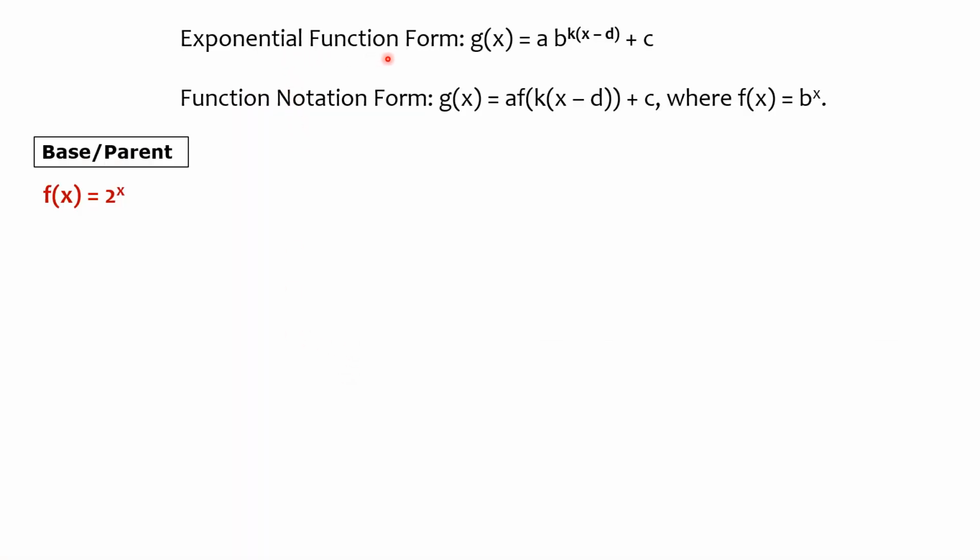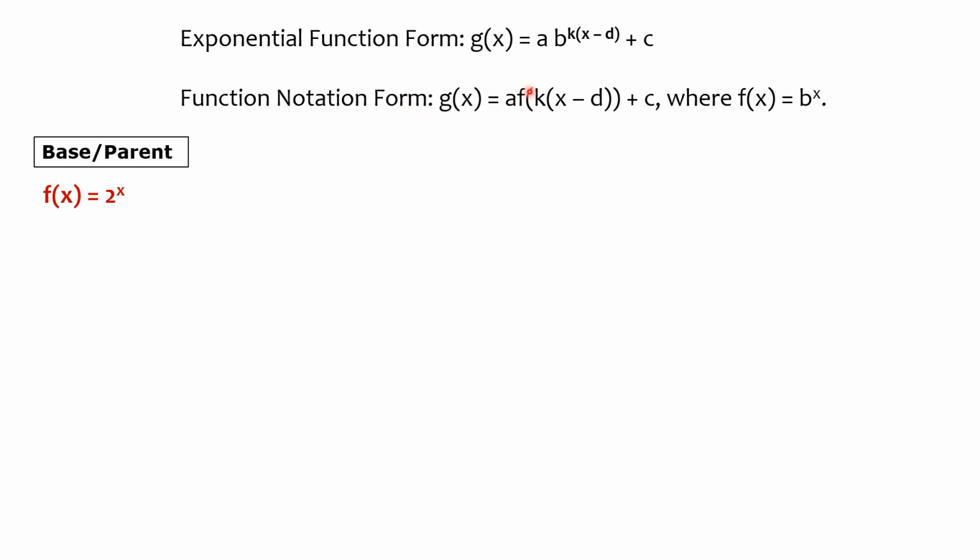Now, exponential function form looks like this. There's an invisible multiplication symbol in there, but we can't multiply a times b directly. According to the order of operations, we have to work with our exponents first. We'll get more into that later. Function notation form is the one that's a little more confusing for us.